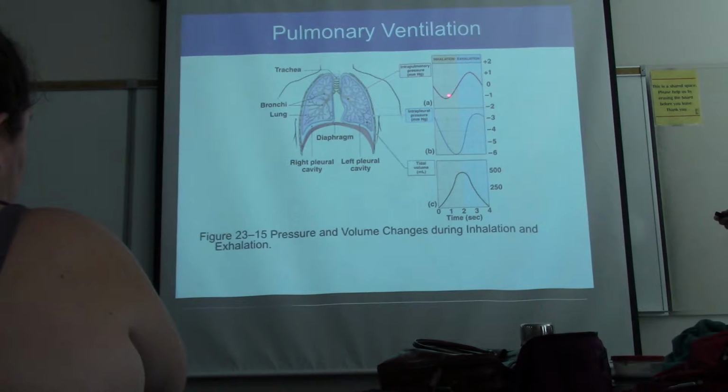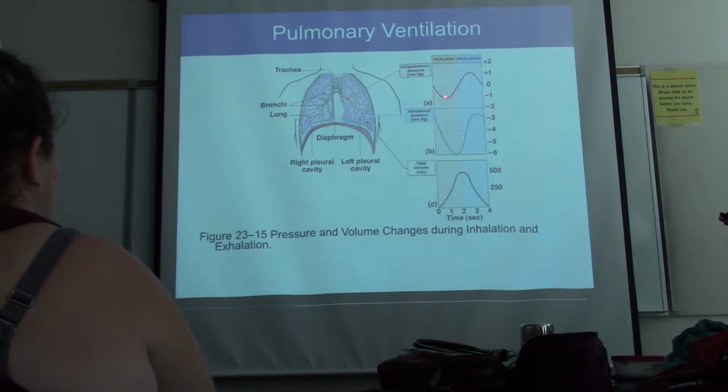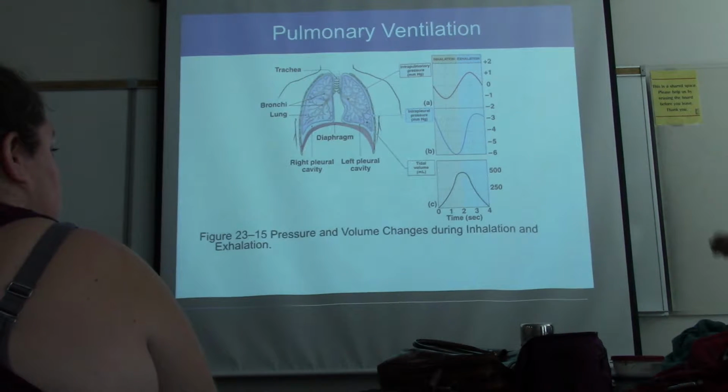And notice that it's going from a low of -1 millimeter to a high of +1 millimeter. That's how little a change in the pressure it takes to fill your lungs up with a normal respiratory cycle.